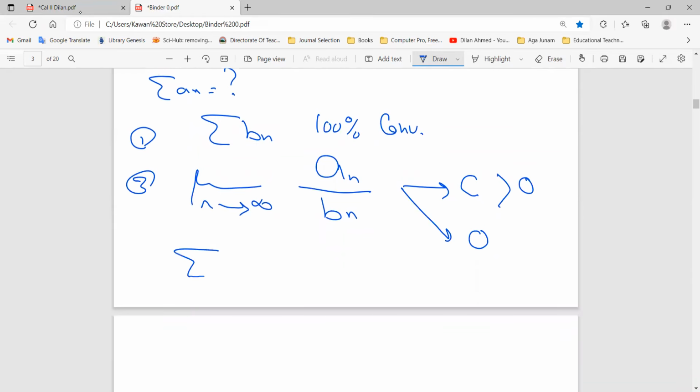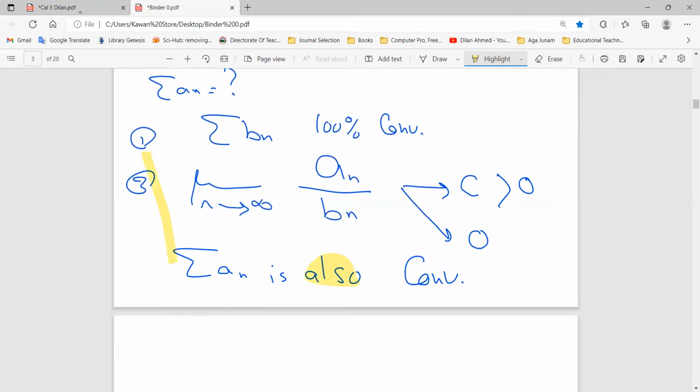You say An is also converge. Why also? Because we compared with Bn. Understood? I don't say it's converge, I say it's also, to remember that there's something we compare with. Okay? This is the first.